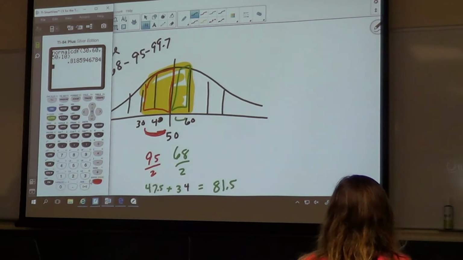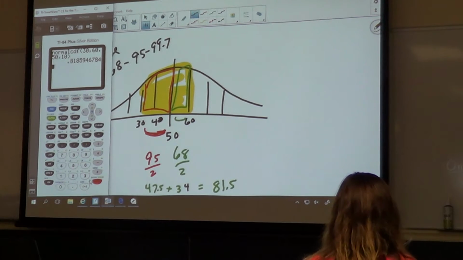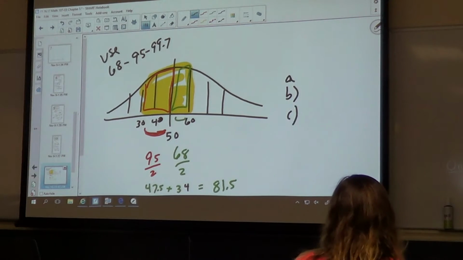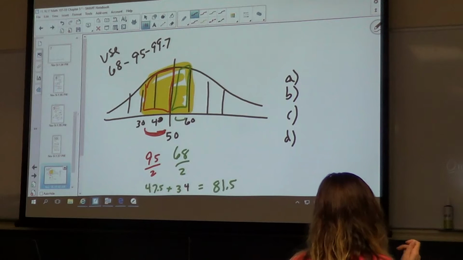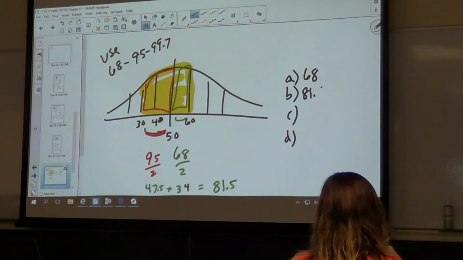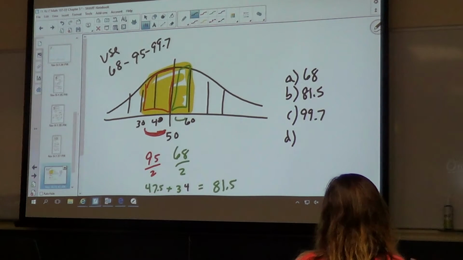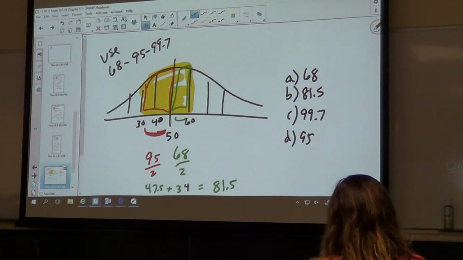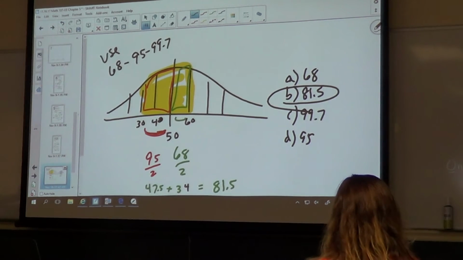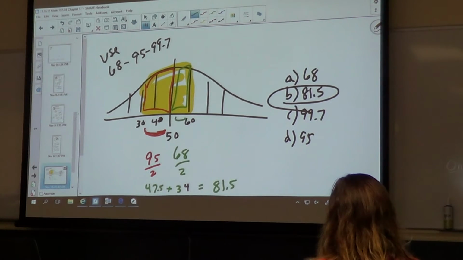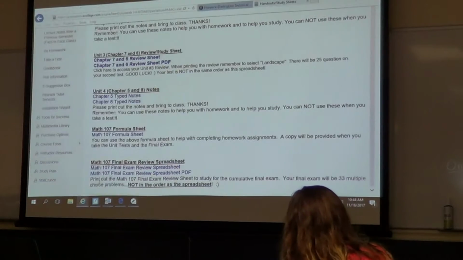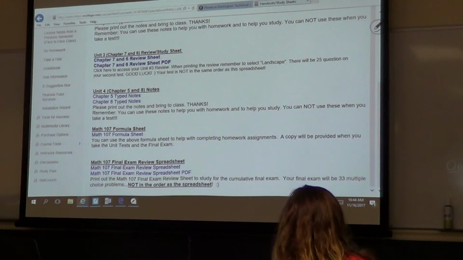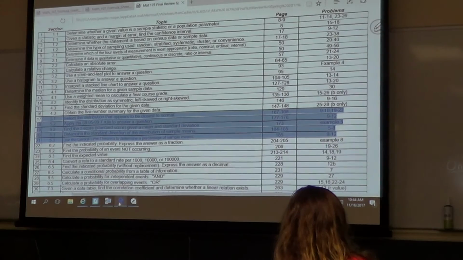It gave me 81.8 instead of 81.5, but my multiple choice is going to have options like 68, 81.5, 99.7, and 95. With your normal CDF, you got 81.8. There's only going to be one this close. Y'all with me?